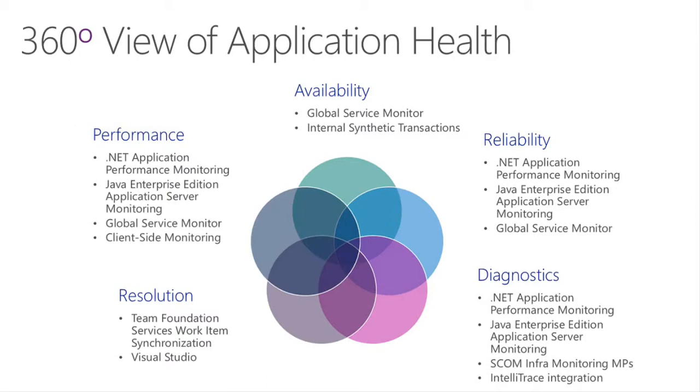So with System Center, you can now automatically perform availability monitoring through both Global Service Monitor and also internal synthetic transactions. Now I'm going to talk a little bit about what this is, but let's just spend a minute on this. In previous versions of System Center, you could do website health tracking, which we called internal synthetic transactions.